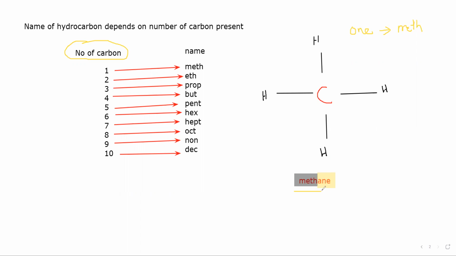Meth because of the number of carbons, and ane is due to the single bond. So it will become methane. Is it clear why this structure is known as methane?